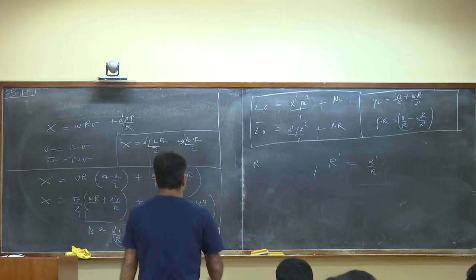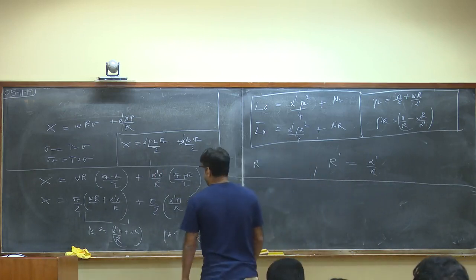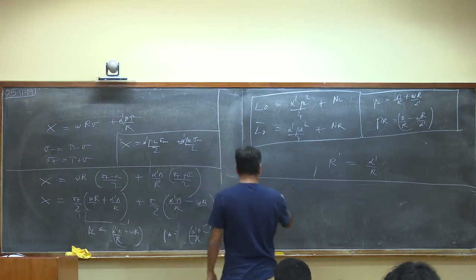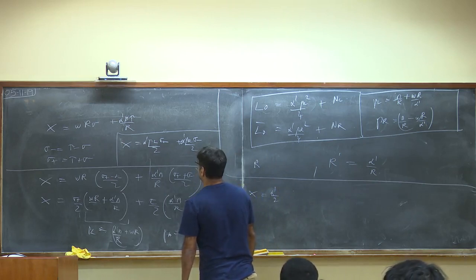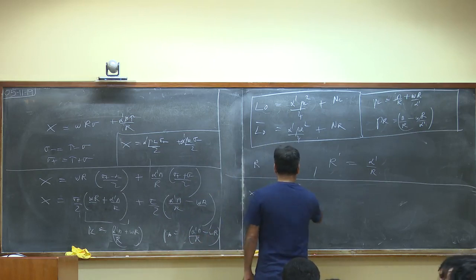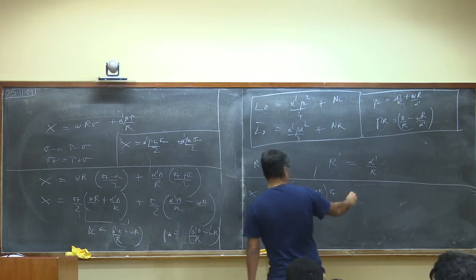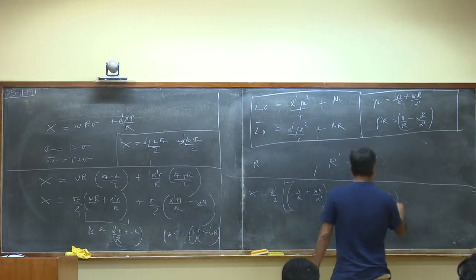In the first theory we had X is equal to alpha prime by 2 into (n by R plus wR by alpha prime) sigma plus (n by R minus wR by alpha prime) sigma minus.